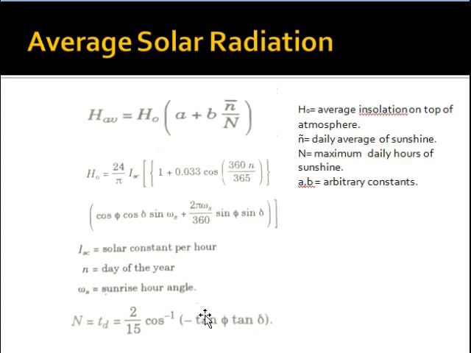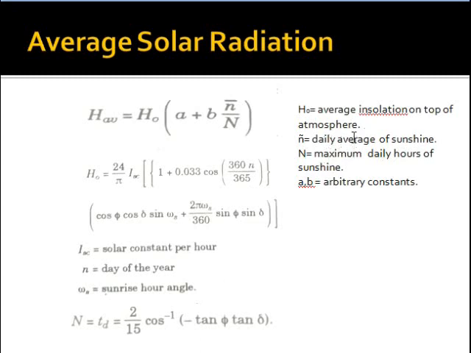If we divide that 180 by 15, we will get how many hours of maximum sunshine can be seen. That n value is how many hours of maximum sunshine can be seen.